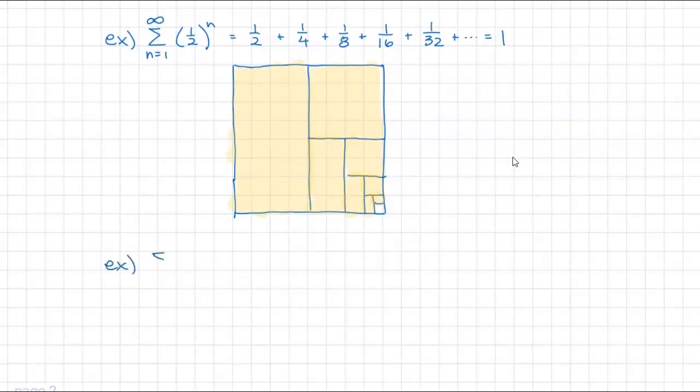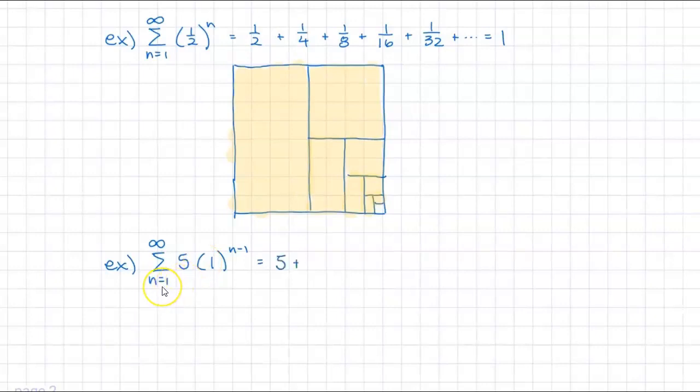Think about this one right here: the sum from n equals 1 to infinity of 5 times 1 to the n minus 1. If n is 1, we're going to have 1 minus 1, which is 0. Anything to the 0th power is 1, and 5 times 1 is 5.